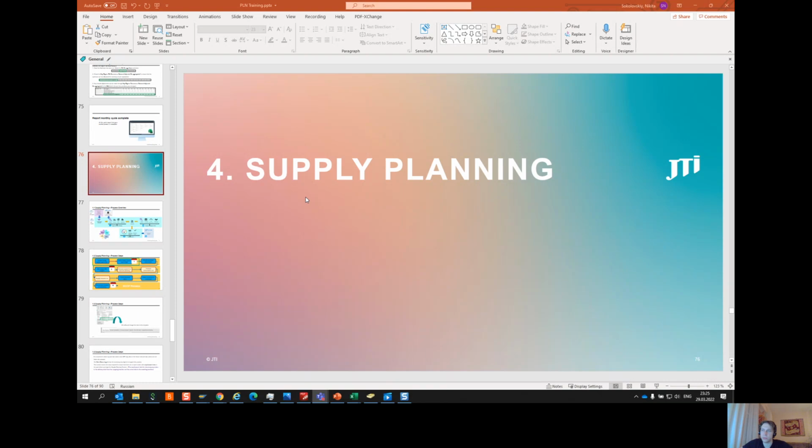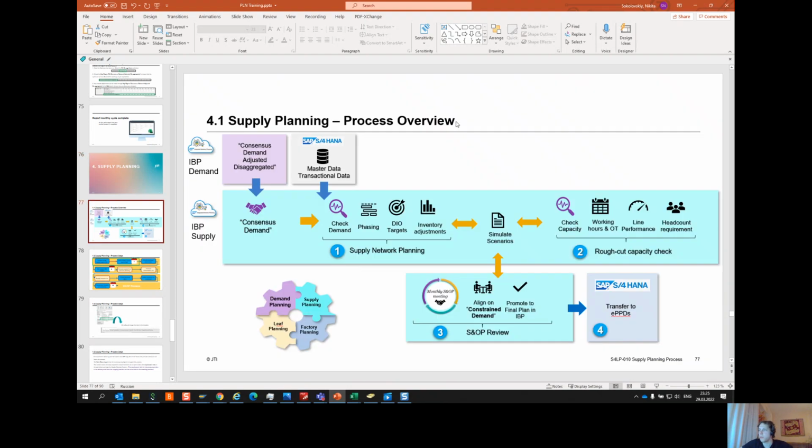So I'm not going to deliver information which has not been clear for me for a long time. I will just show you the overview of the process and try to describe it on how I understand it.